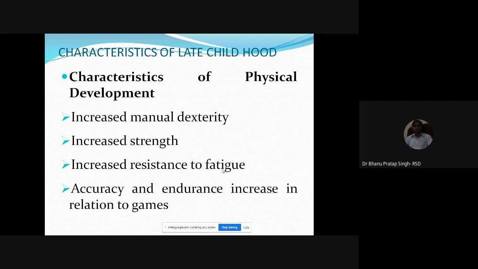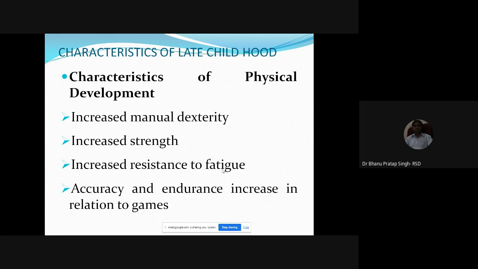In the physical development of late childhood stage, there is increased manual dexterity, increased strength, increased resistance to fatigue, and accuracy and endurance increase in relation to games.